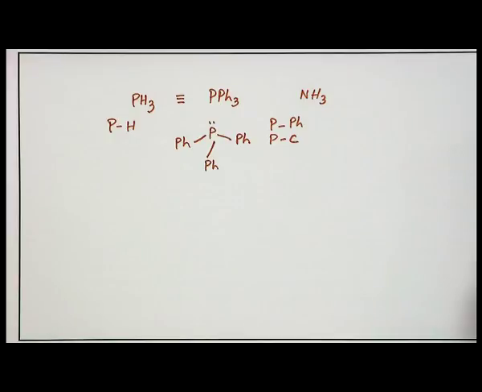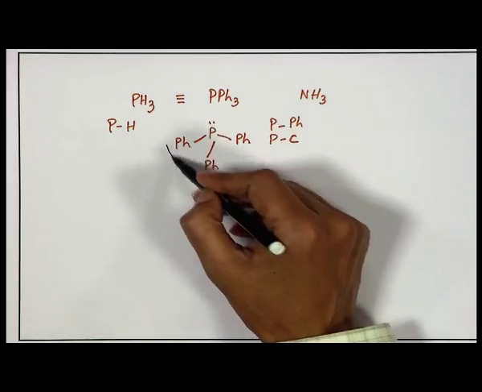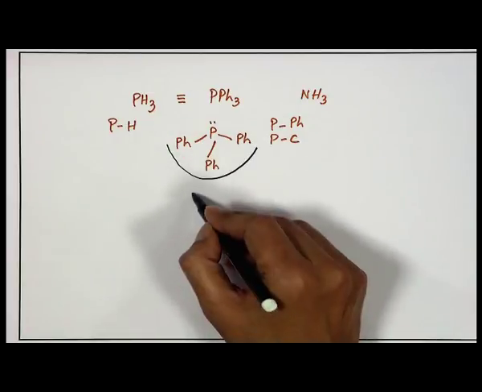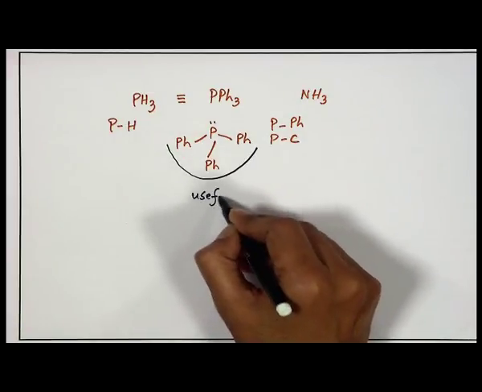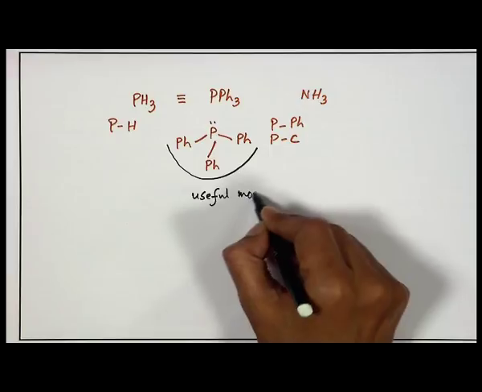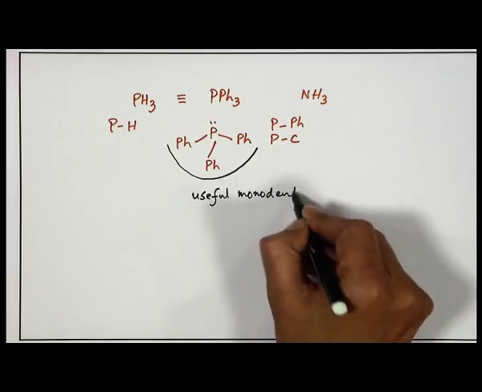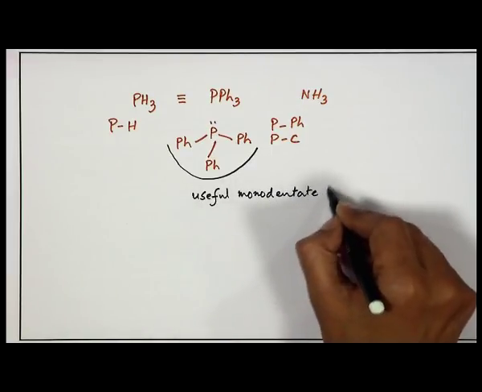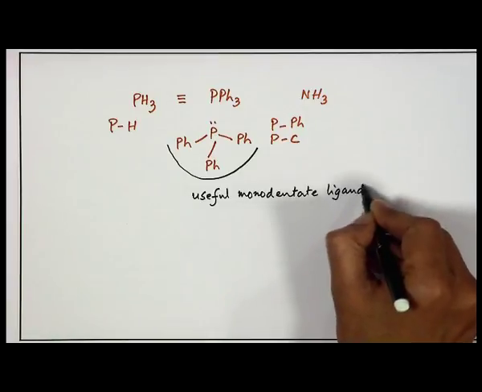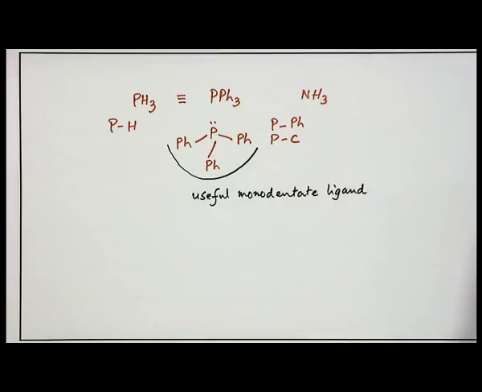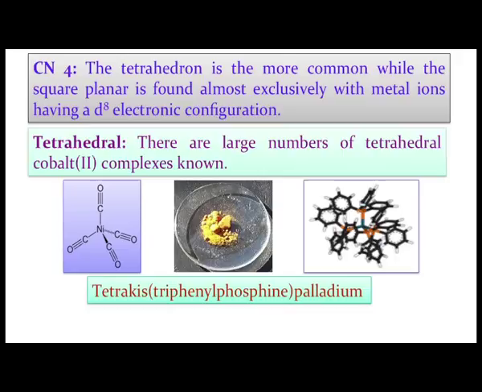So, that P-C bond has some extra stability, that is why it is a very good ligand and a very useful monodentate ligand.